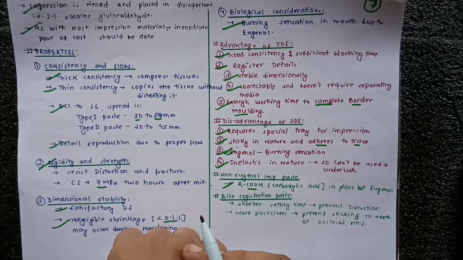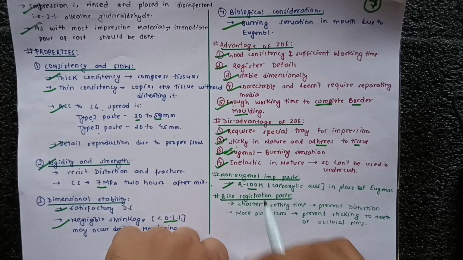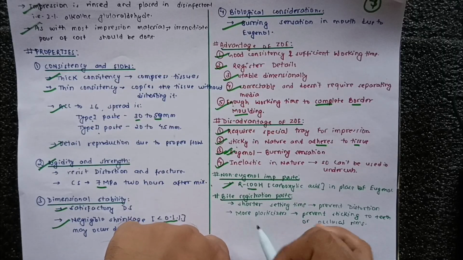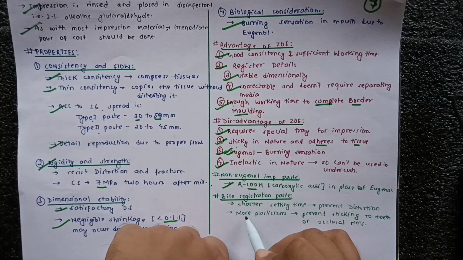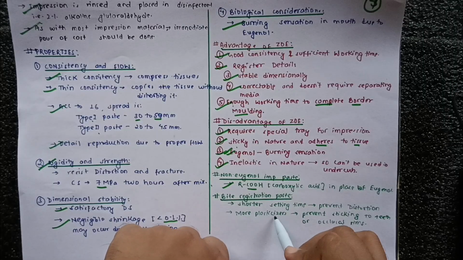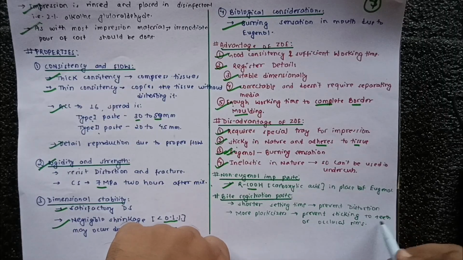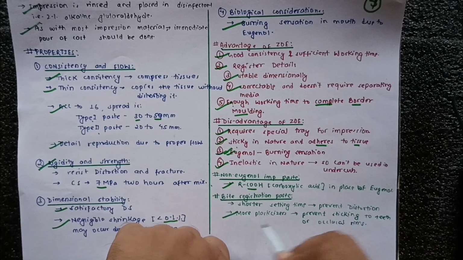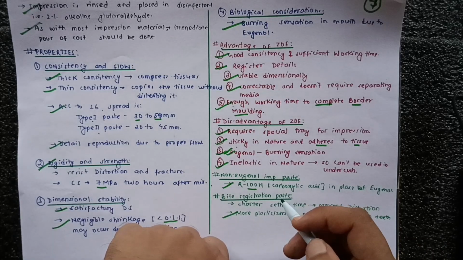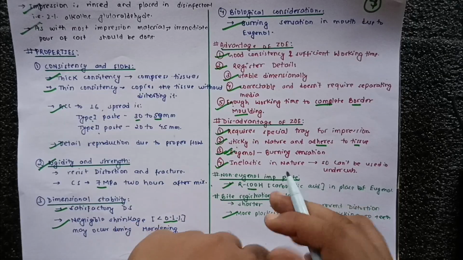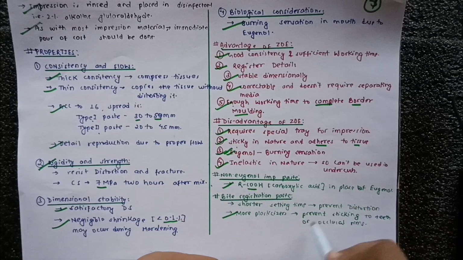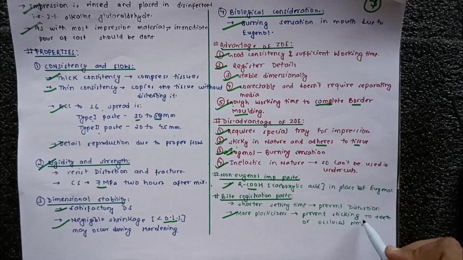And another point, bite registration paste. In the application, as I have told, it is also used for the bite registration, and the main thing that is to be present in the compound for the bite registration is the plasticity. So here I have mentioned it should contain more plasticizer, that prevents the sticking to the teeth or the occlusal rims. So it should be more plastic, so that workability should also be increased and it should be prevented from sticking to the tooth.